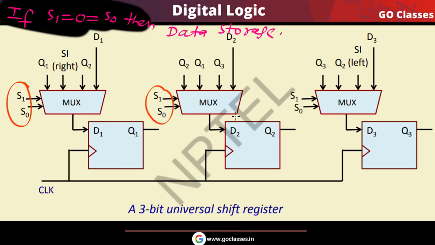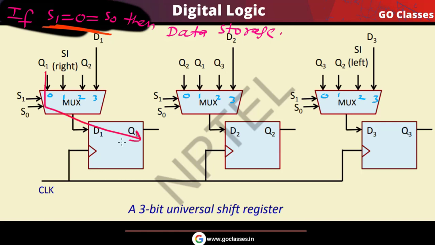When all of these are 0 0, what will happen? Let's assume this is 0 1 2 3, and this is 0 1 2 3, and this is 0 1 2 3. You can notice that q1 is connected here, meaning the present output will be your next output.